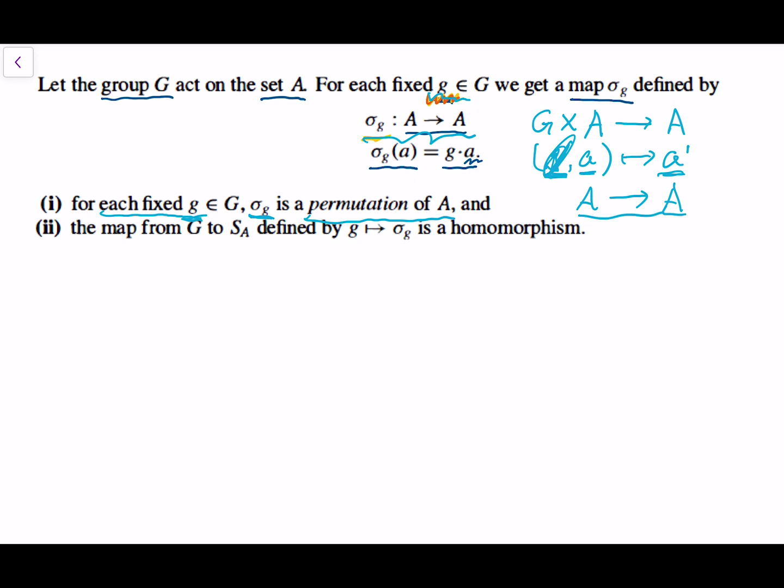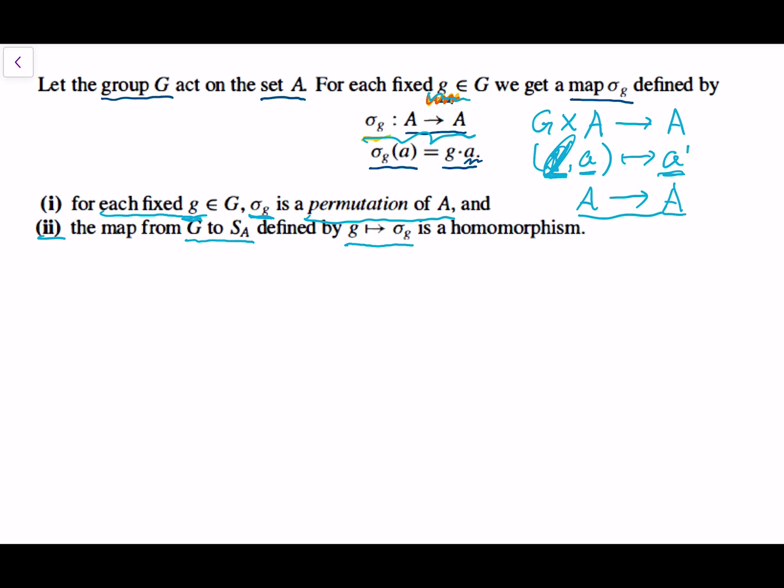The second property shows that the map from the group G to SA, where we map the fixed element g to sigma g, is a homomorphism.